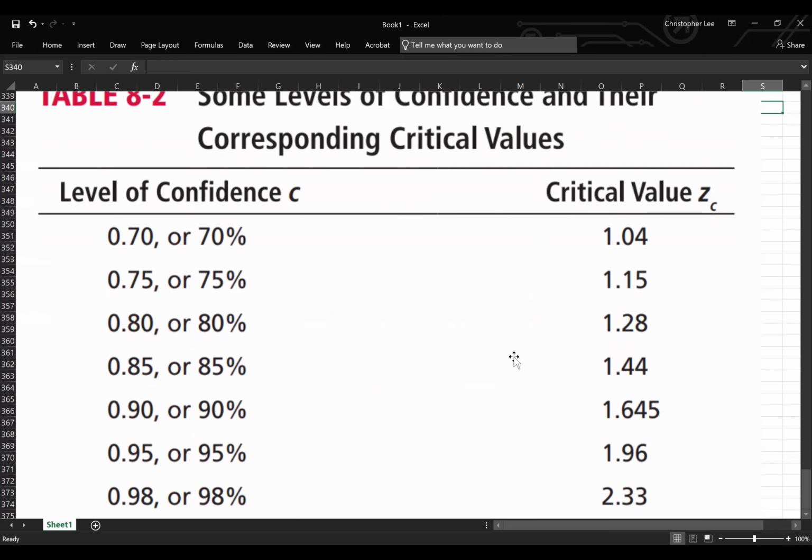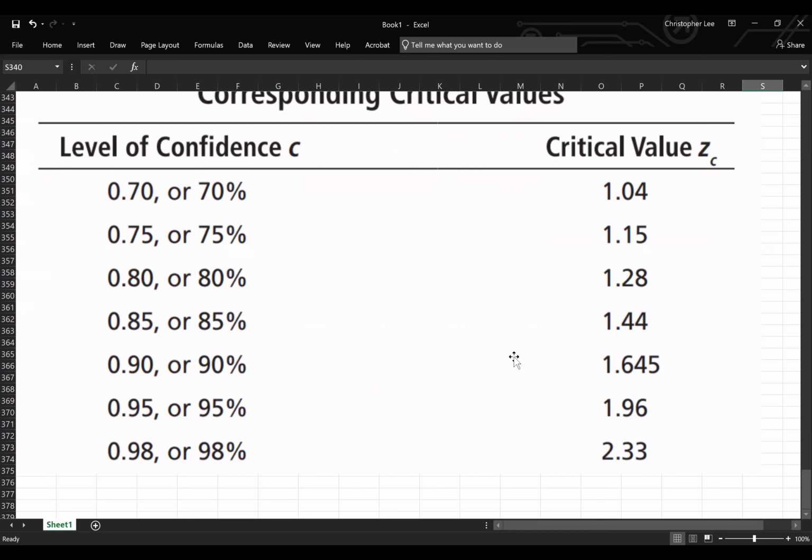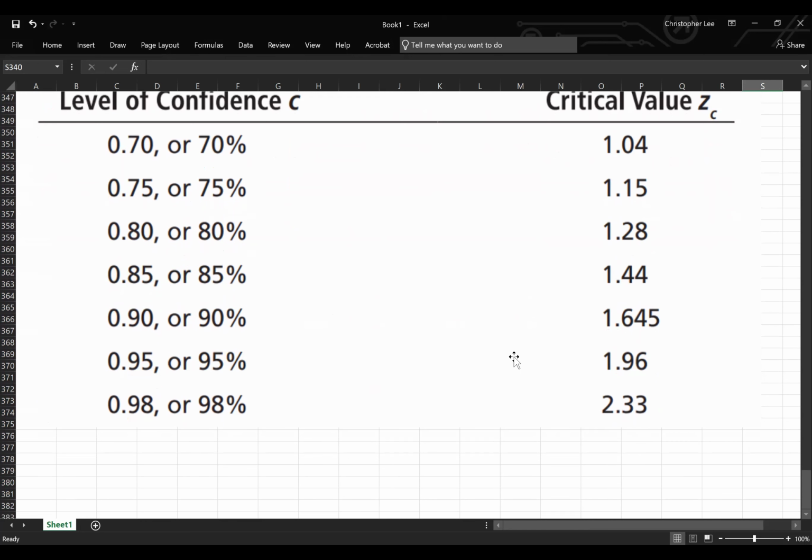This is what we just did: we found Z for 0.99, and we said that this was 2.58. The levels are 70, 75, 80, 85, 90, 95, 98, 99, and the answer's right there on the formula sheet.